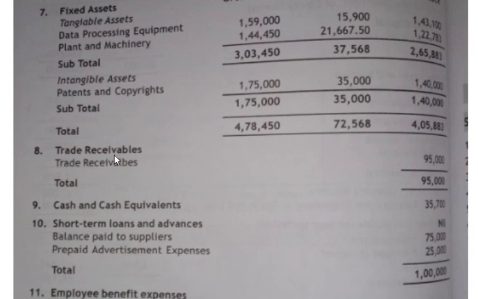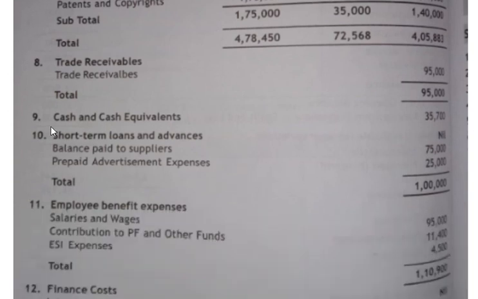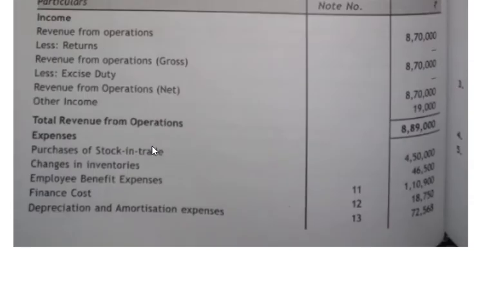Trade receivables is 95,000. Cash and cash equivalents is 35,700. Short-term loans and advances, under that you have your balance paid to supply 75,000 and prepaid advertisement expenses 25,000. So let's move on to our balance sheet.